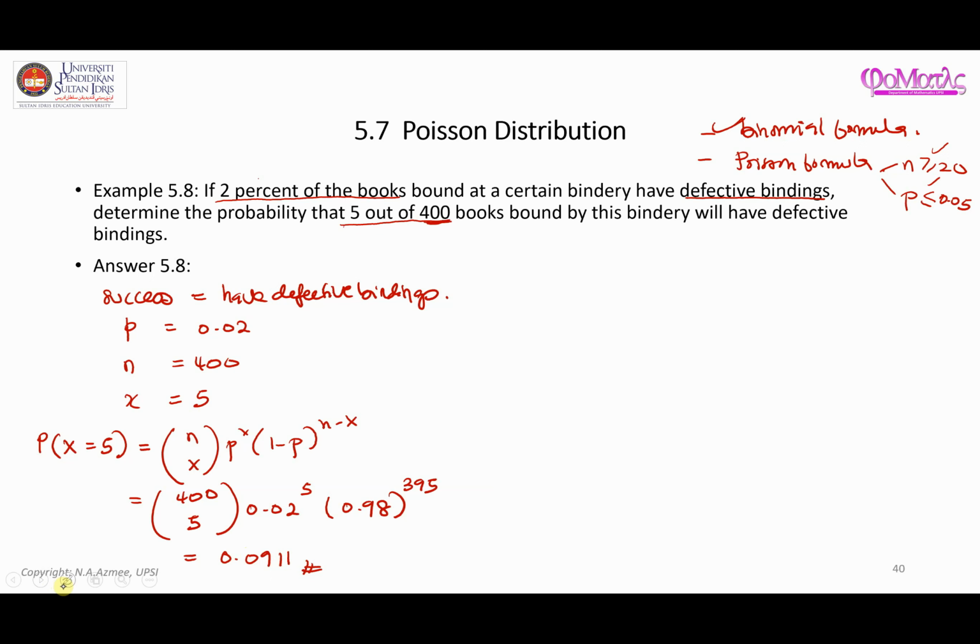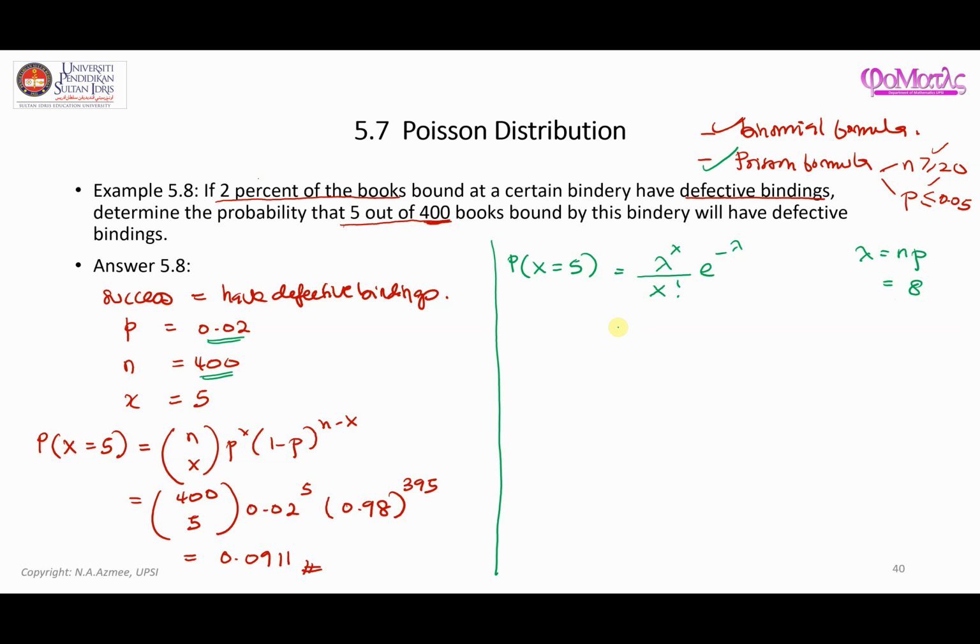Next, we are going to apply the Poisson formula. So the probability of x equals 5 is going to be written in this manner. We apply this formula: lambda to the x, over x factorial, times e to the negative lambda. So what is lambda? Lambda is equal to n times p. N is 400, p is 0.02, so lambda here is going to be equal to 8.